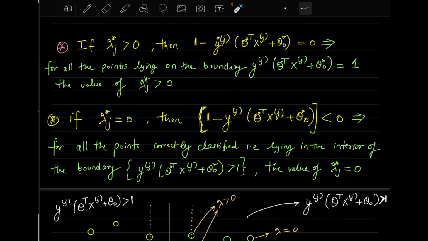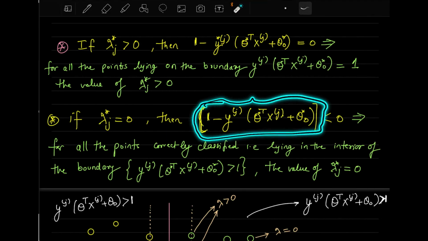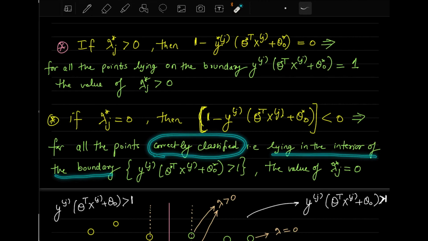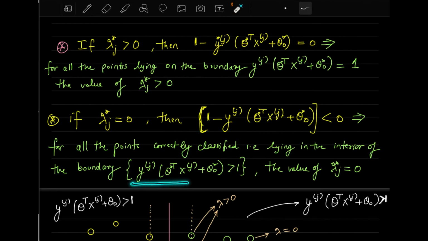What it is saying is, all the points which are correctly classified, because if you write this equation, it is a correct classification equation. All the points which are correctly classified are lying in the interior of the boundary, because that constraint is given by this.